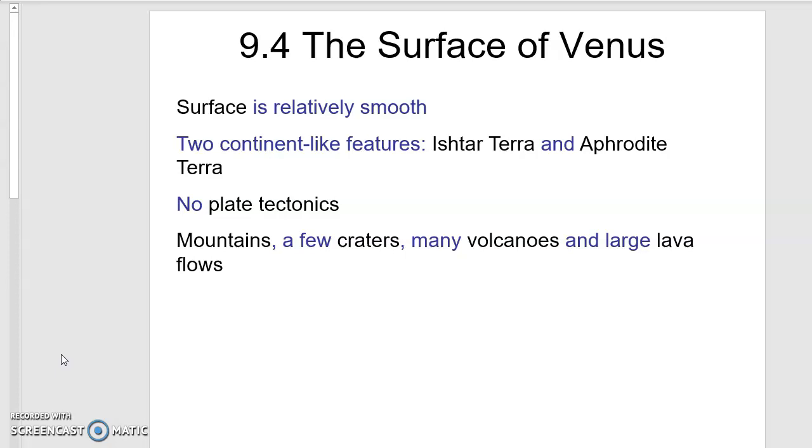Now, one of the things about Venus that's very different from the Earth, and this is important, there are no plate tectonics. If you recall from our discussion of Earth, plate tectonics is an indication of a very volatile interior of the planet that has a lot of volcanism going on. There is some volcanism.